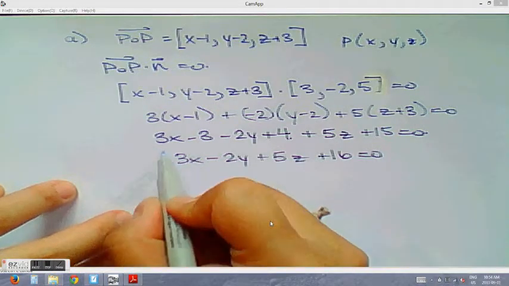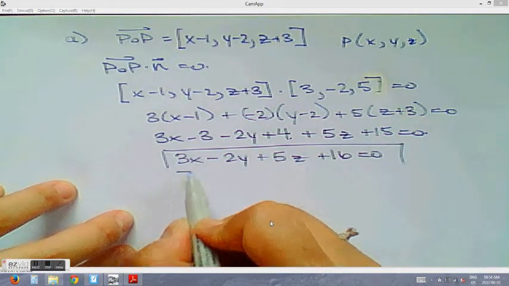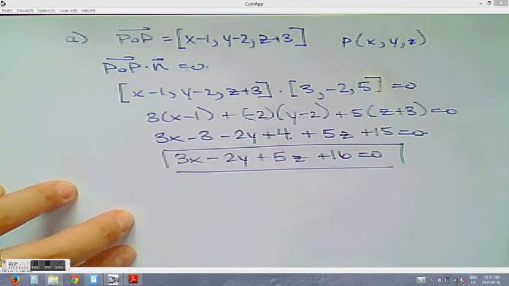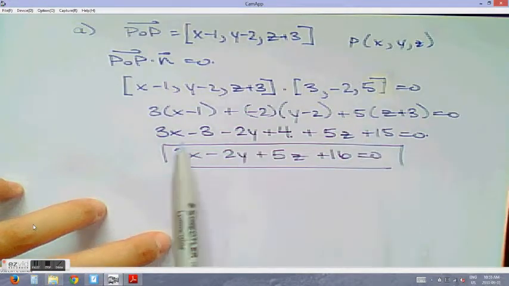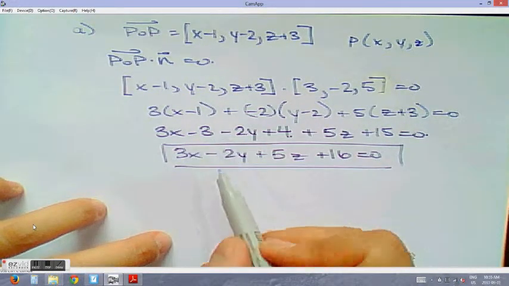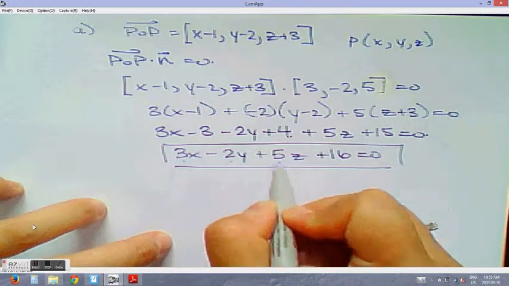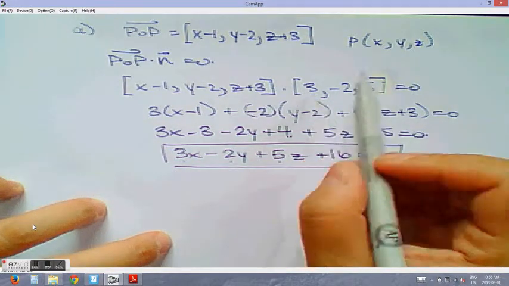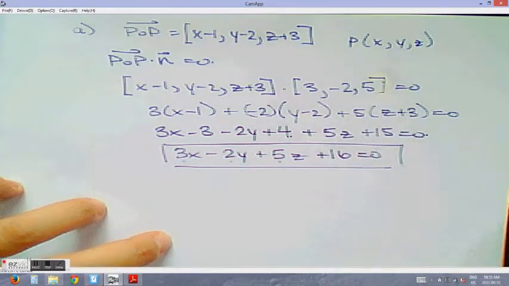There is our scalar equation of this plane. One last thing I do to check that I've done this right is that the coefficients in front of these variables should correspond to the coordinates of the normal, and they do.